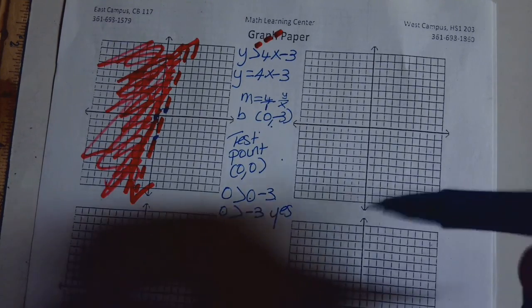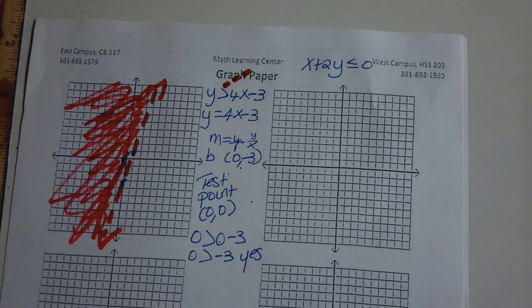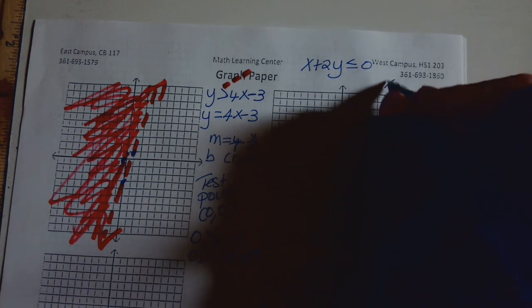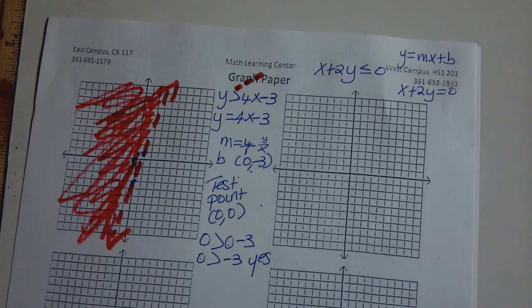Let's graph this one when it's not solved for y yet. So x plus 2y is less than or equal to 0. Okay, so just to go ahead and solve it, consider it just an equal sign, and I'm going to put it here. x plus 2y equals 0. So remember, we always want it to look like slope-intercept form, okay?